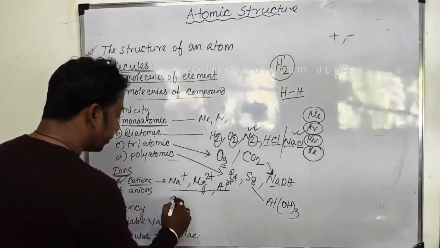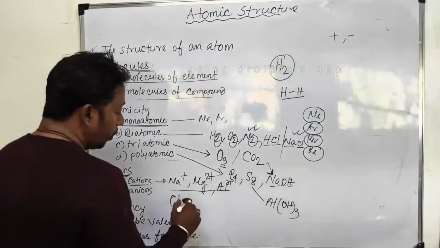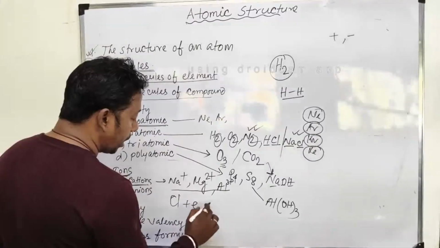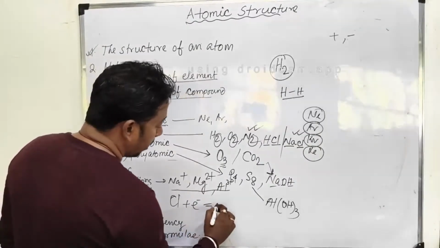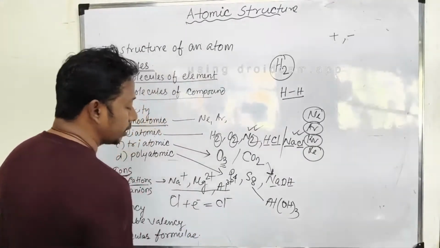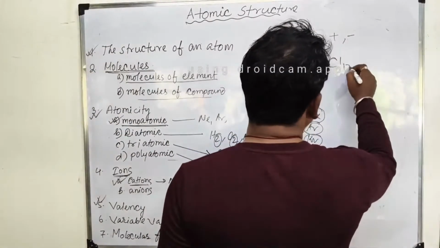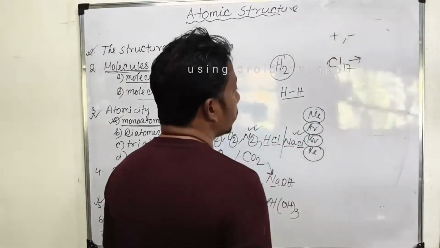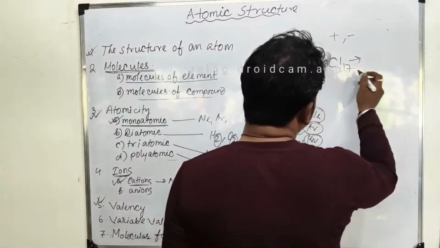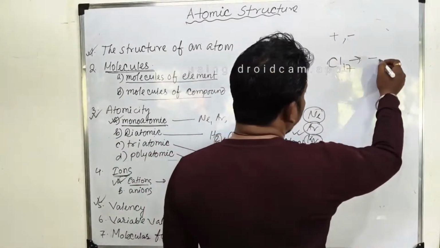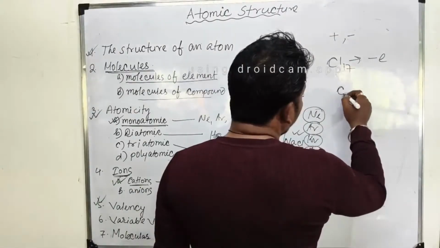Okay. Think chlorine. When chlorine accepts one electron, it becomes Cl minus. Why Cl minus? Basically, chlorine contains 17 electrons. So to fulfill the octet, it can acquire one electron.